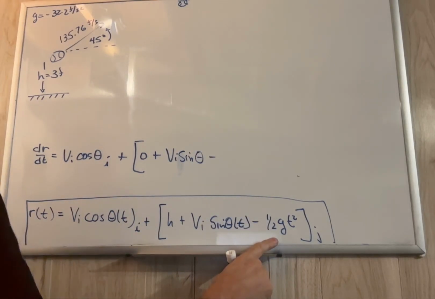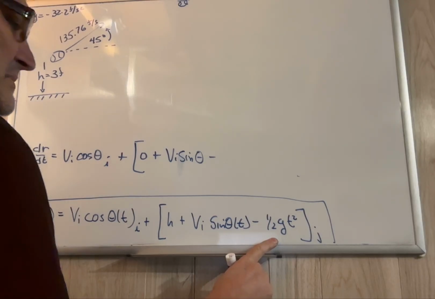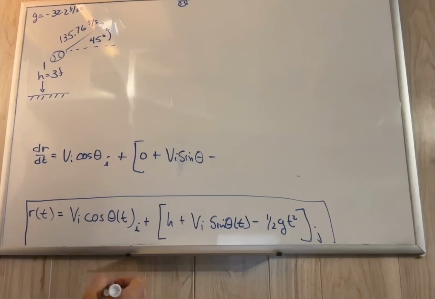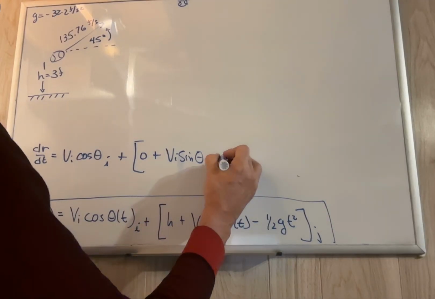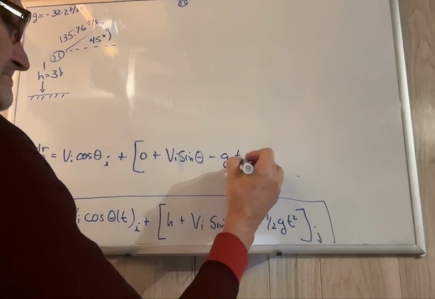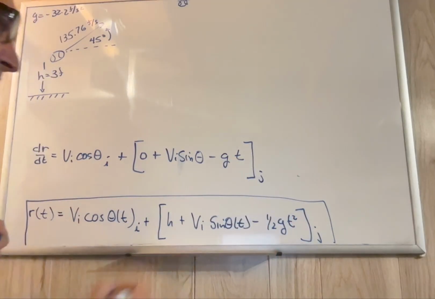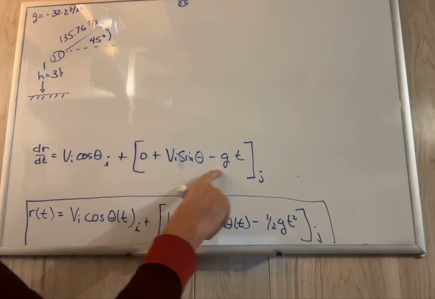The derivative of t squared is going to be just t with the 2 out front, so this is going to be just g times t in our j direction.